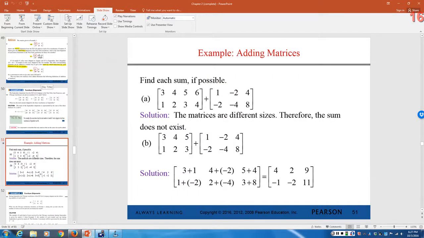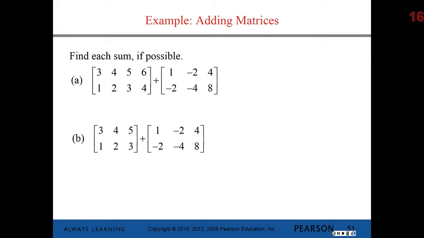Okay, now the next example says, find each sum if possible. Can you find the sum of matrix A plus matrix B for part A? Can you add a 2 by 4 to a 2 by 3?